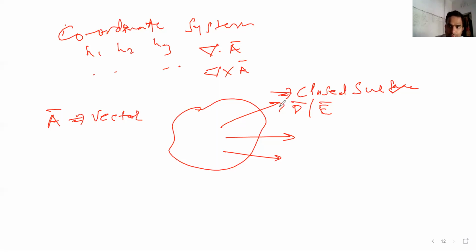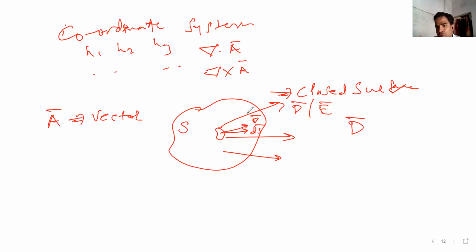You all remember D bar, we covered it last time. So the electric displacement is coming out through a surface S. If D bar is in this direction and the surface area is in this direction, there is an angle between D bar and dS bar.